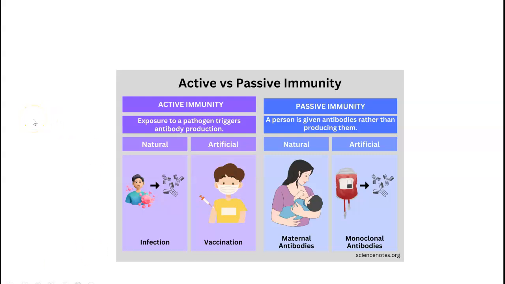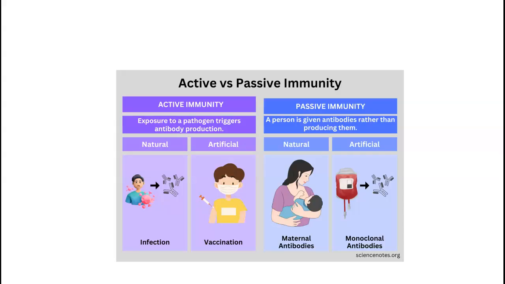Here's a little visual of active and passive immunity. Again, active immunity, we're actively making those antibodies, where passive immunity, we are being given those antibodies. Again, the only way that we can have natural passive immunity is passed from mother to baby.